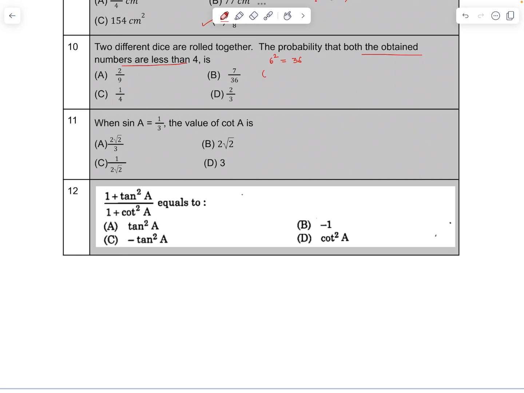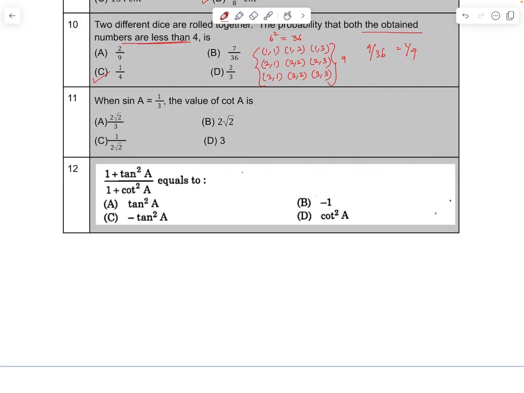So favorable outcomes are 1,1; 1,2; 1,3; 2,1; 2,2; 2,3; 3,1; 3,2; 3,3. Total number of favorable outcomes is 9. So the probability is 9 upon 36, which is 1 upon 4. Answer is option C.